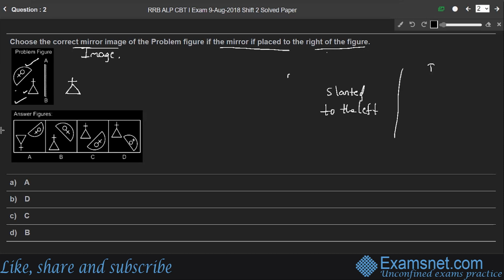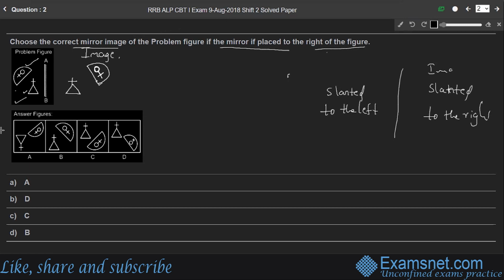Therefore, in the image, this will be slanted to the right. The semicircular part will be slanted to the right, and it looks like this. And here is a plus mark, this will be as it is, and above it a circle like this.